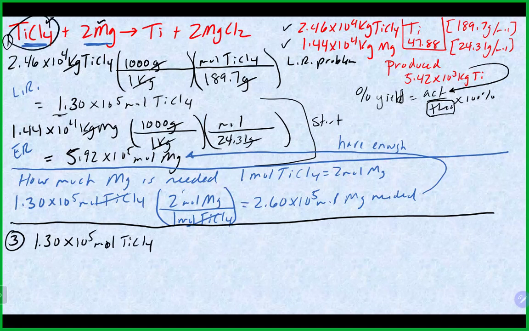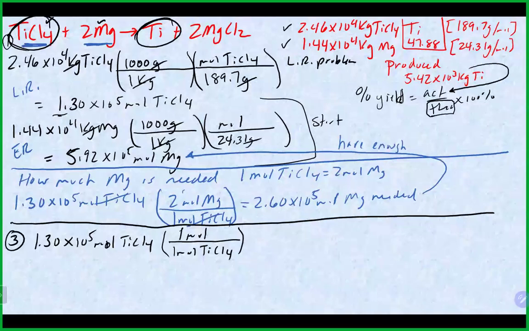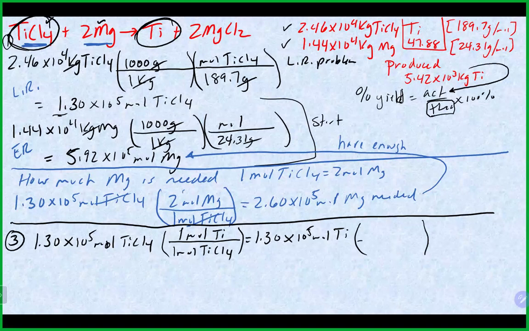We can now go from our limiting reagent to our product, which happens to be a one-to-one relationship, which is pretty nice. So 1 mole of TiCl4 from the equation gives us 1 mole of our product, and that's obviously going to give us the same number, 1.3 times 10 to the fifth moles of Ti.